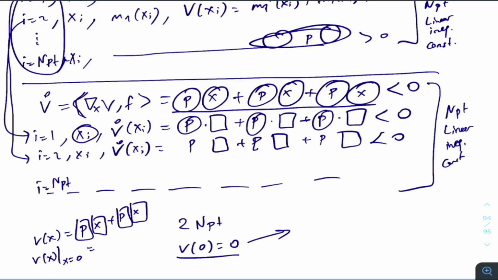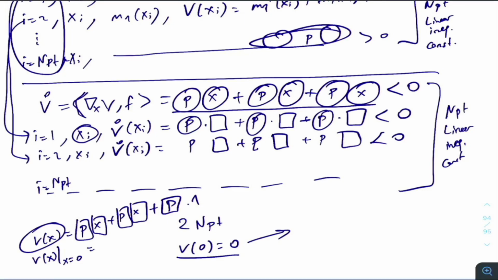It means you will not have some p times 1 constant term in this v of x polynomial. Remember that: there are only p-dependent terms in v of x.